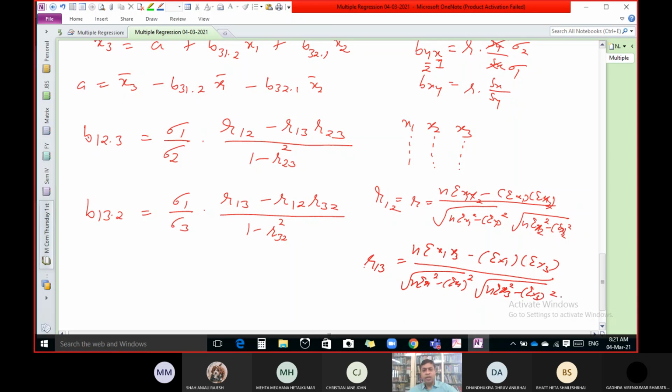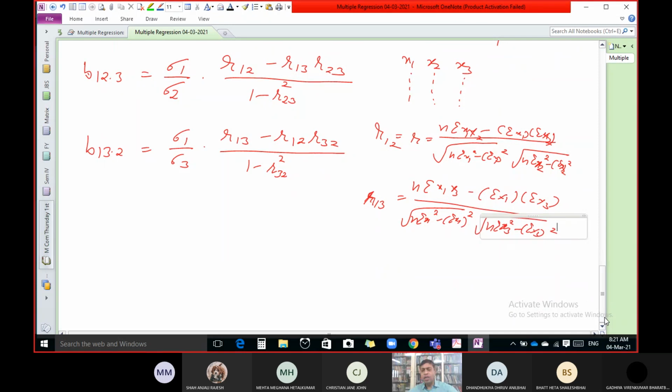In that way you can calculate r between 1 and 2, between 1 and 3, between 2 and 3. Okay, and once you have r12, r13, r23, you can calculate standard deviation.